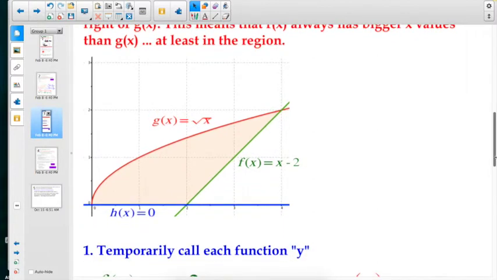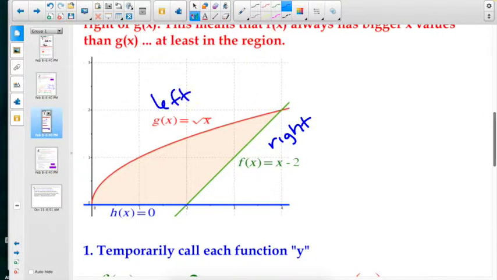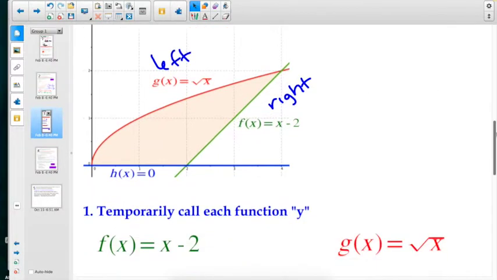So if we look at this problem, if you notice, we could really call this the right curve. And we can really call this the left curve. Okay? But we have to write them in terms of y in order to do this.